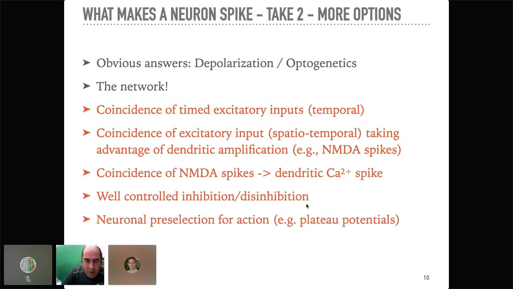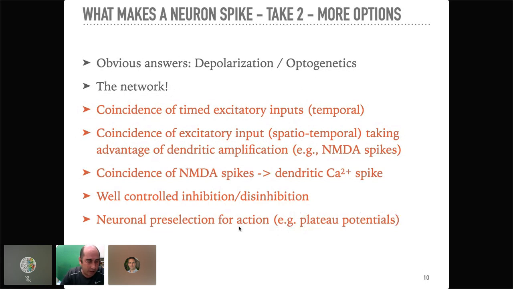And recently there is also evidence that plateau potentials can act as switches that put the neuron in a regime where it will respond to input or not respond to input, completely dependent on the selection process.